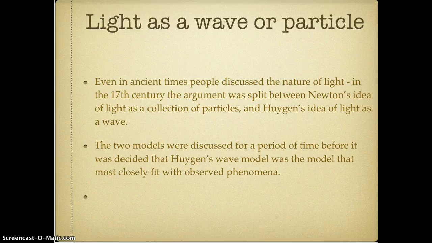Newton thought that light is a collection of particles, and Huygens' idea was that light is a wave. There was a big discussion about these two, back and forth. Eventually we got enough evidence to show that the wave model was actually the best model to fit our observed phenomena.